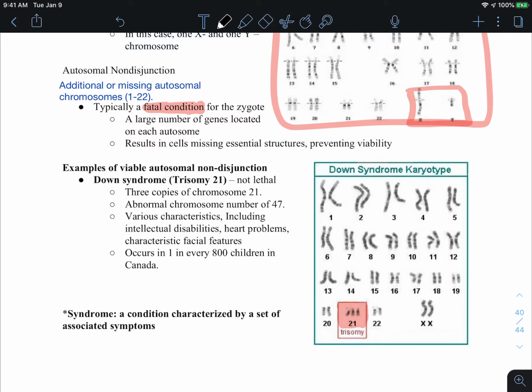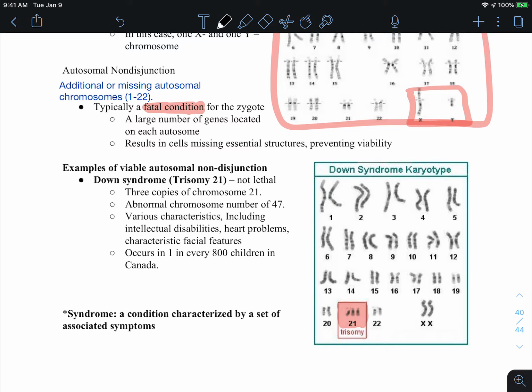He does face many intellectual disability challenges and heart problems, heart surgeries throughout his childhood to fix some structures that didn't develop in a way that could support him, and characteristic facial features and changes in stature.